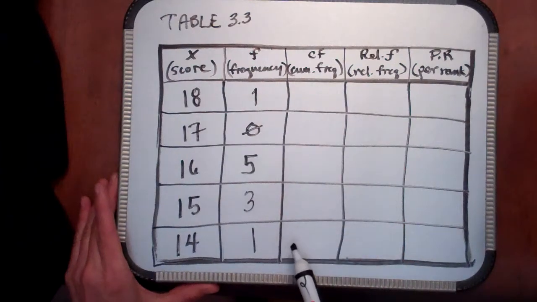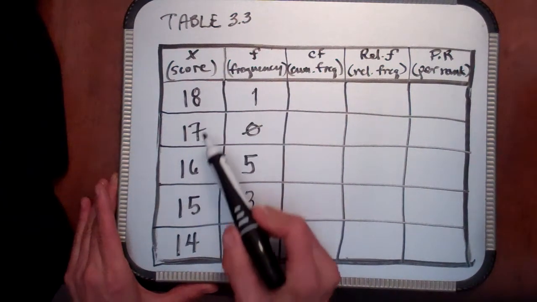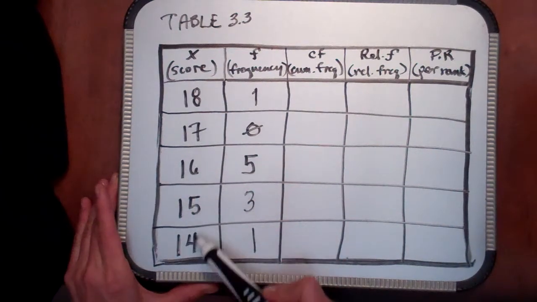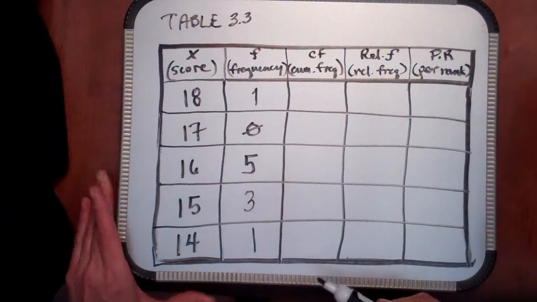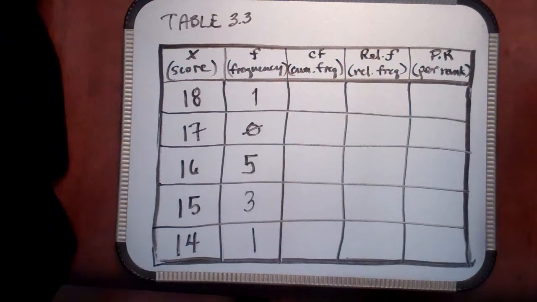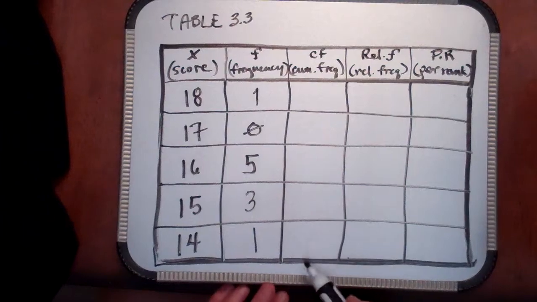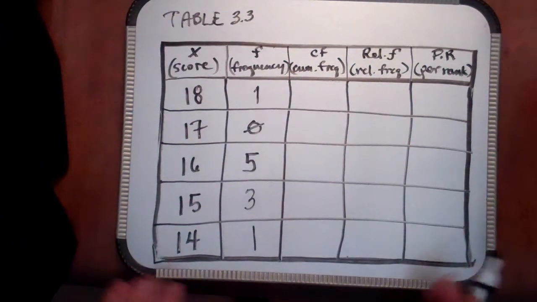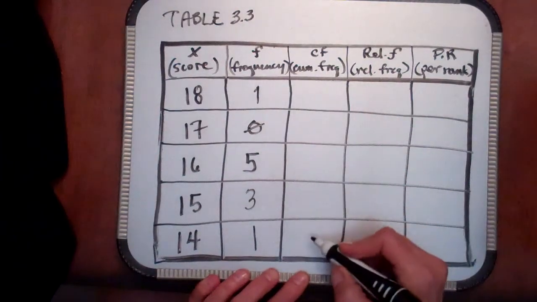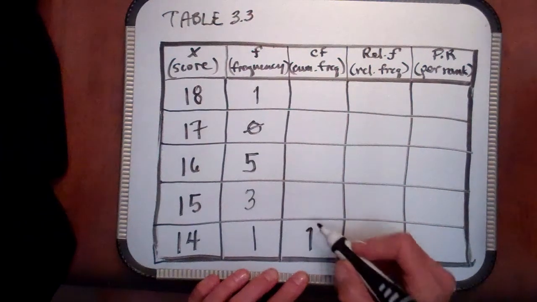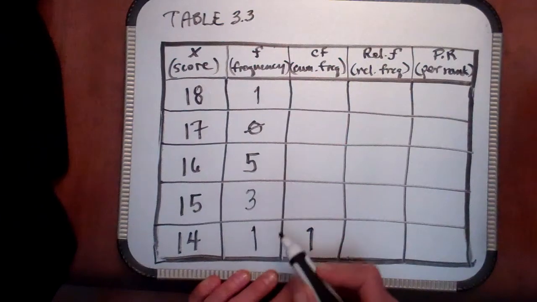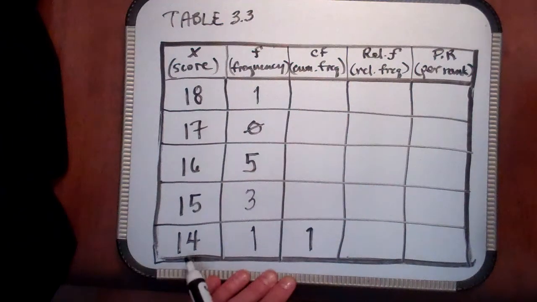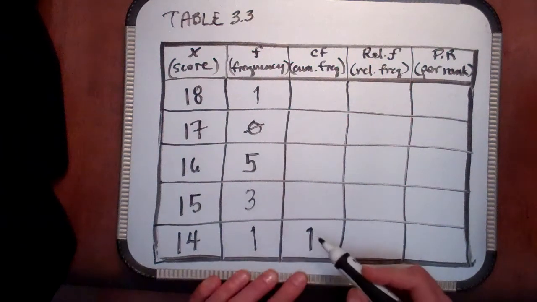Okay, now we do the cumulative frequency column. Now, cumulative frequency is showing you at any age point in your span of numbers how many total cases have occurred, and you're going to understand when we get to percentile rank why that's an important number to figure. We always start at the bottom on the frequency distribution table, so the cumulative frequency at our lowest value is of course equal to the frequency of the lowest value, the frequency at which the lowest value occurred.